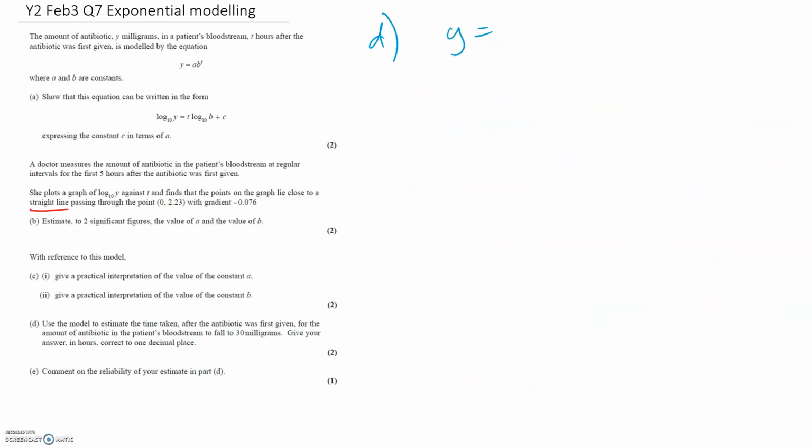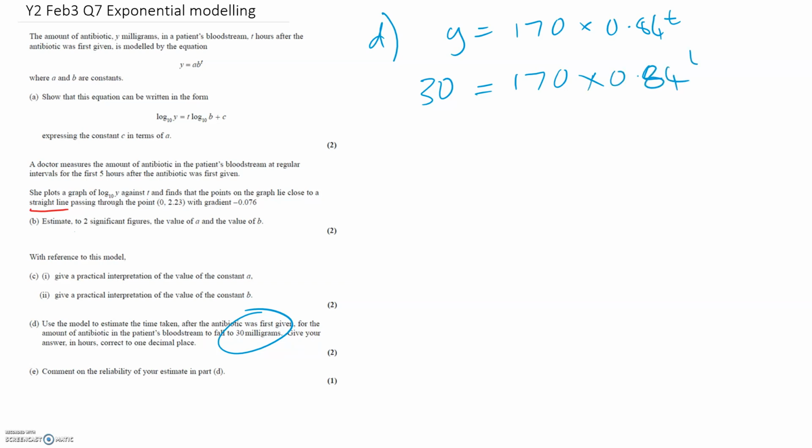Okay, so we know that y equals 170 times 0.84 to the power of t, and in part D it says find the time for the amount of antibiotic to fall to 30 milligrams. So if we put y equals 30 and try to solve this equation, we need to work out what t is.